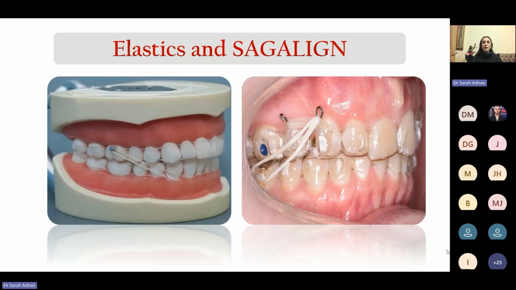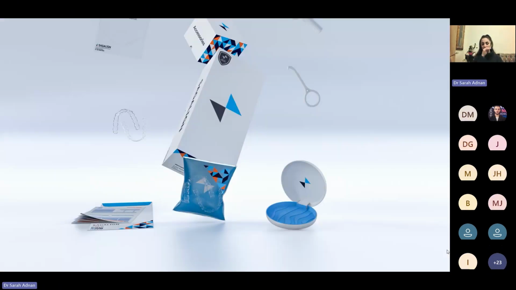Consistent wear and knowing how to apply the elastics is essential for the success of the treatment. So we talked about the majority of the issues, troubleshooting elastics, and follow-up with the clear aligners and with Sagalign.